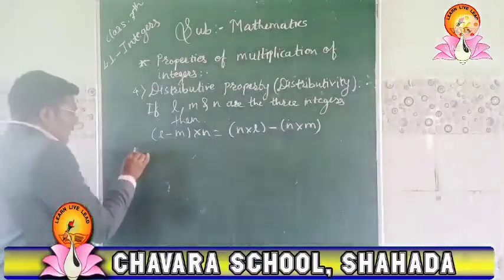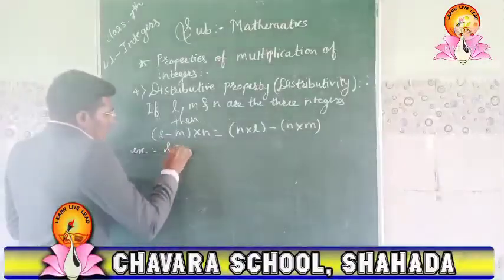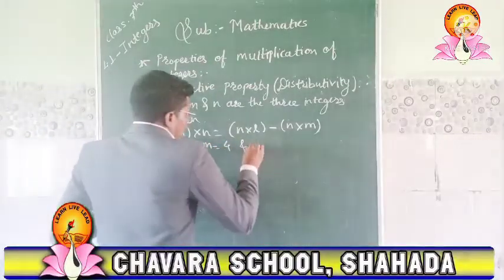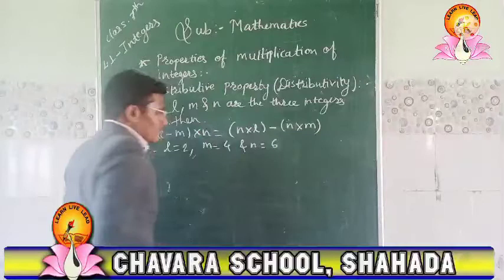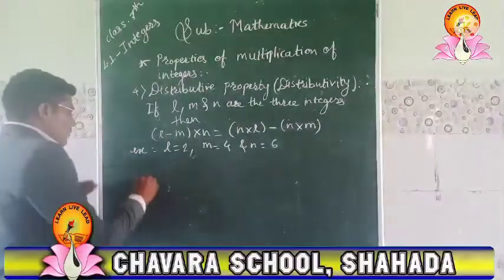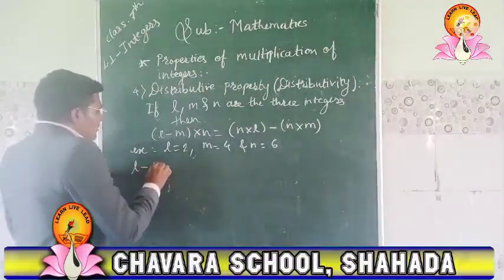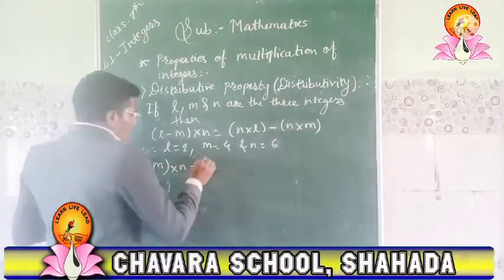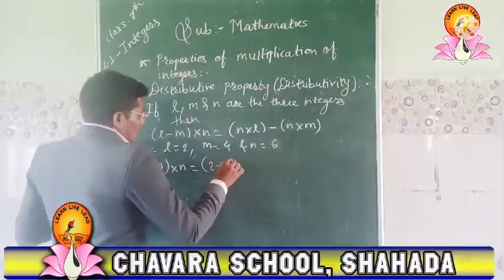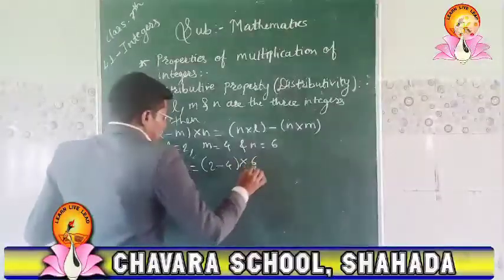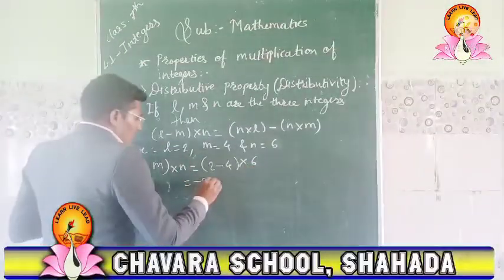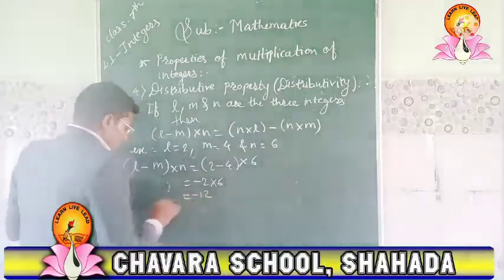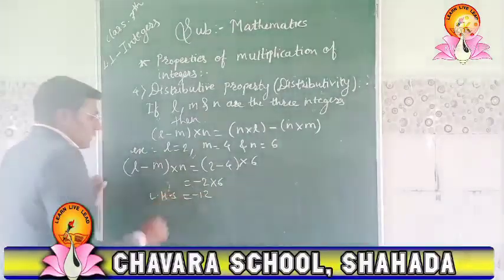So for example, L is equal to 2, M is equal to 4 and N is equal to 6. Let's put the values. So LHS is equal to L minus M in the bracket multiplied by N. Put the values in, it will be equal to 2 minus 4 multiplied by 6. So 2 minus 4 is negative 2, multiplied by 6 is what? 6 multiplied by negative 2 is negative 12. This is nothing but the LHS of the equation.